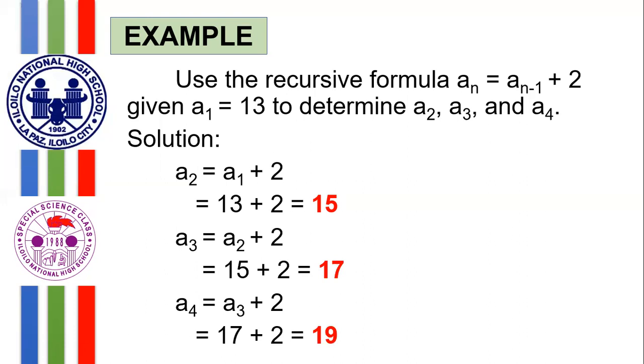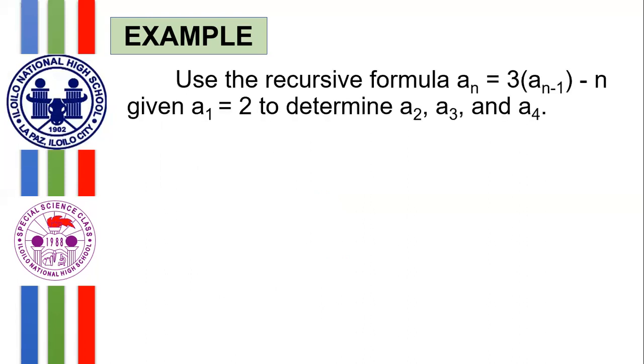Let's have another one. Use the recursive formula a sub n is equal to 3 times the quantity a sub n minus 1, minus n, given that a sub 1 is 2, to determine the second, third, and fourth terms.